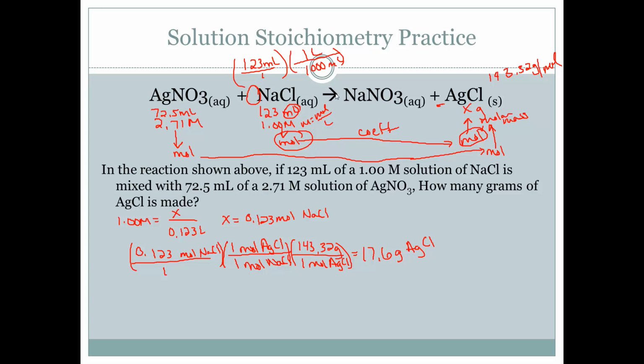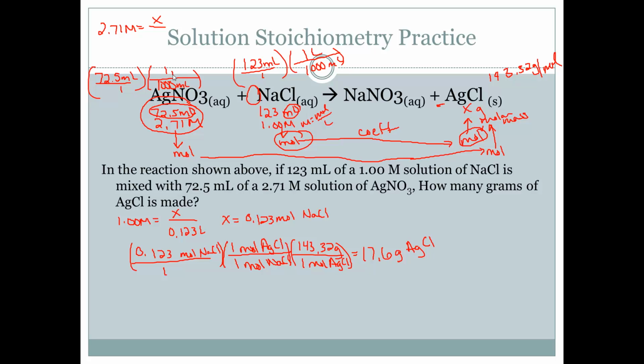First thing we need to do is figure out the molarity. So I'm going to do that over here since I'm running out of space. 2.71 molar is equal to X over, I need to figure out what 72.5 milliliters is in liters. 1,000 milliliters is 1 liter.